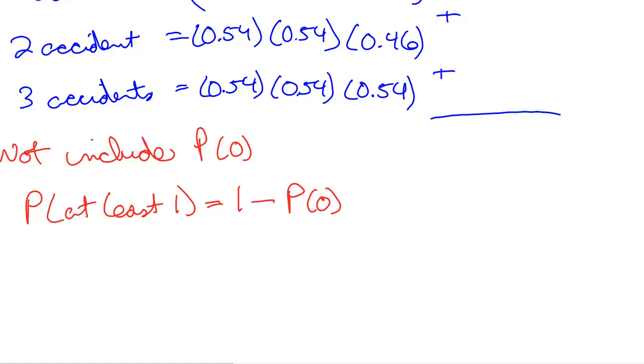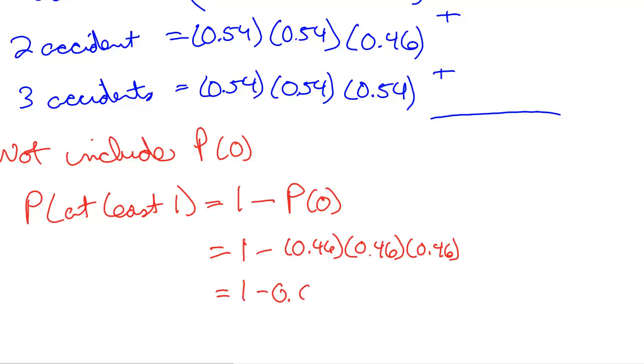Because the only way that we're going to discuss at least one, the opposite of that is none of them being caused by driver error. And so if we want to do an opposite, remember, we can do a 1 minus. Well, the probability that none of them are caused by driver error was our 0.46 times 0.46 times 0.46, which we found in the previous part of the problem, which was 0.097.